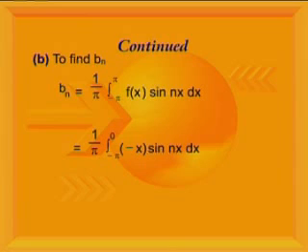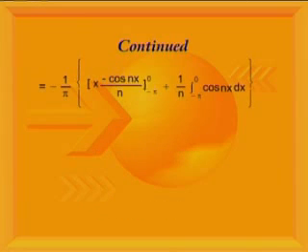So bn is equal to 1 over pi times the integral of -x sin nx with respect to x from -pi to 0, which is equal to -1 over pi times x times (-cosine nx over n) plus 1 over n times the integral of cosine nx with respect to x, and these integrals are from -pi to 0, and we are integrating by parts.